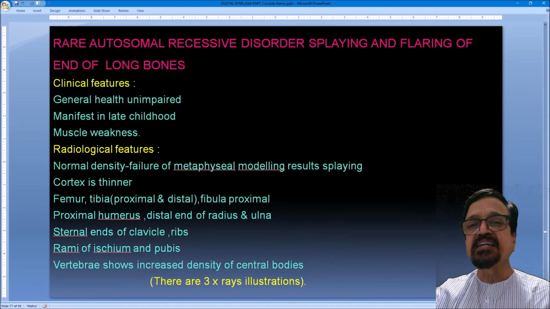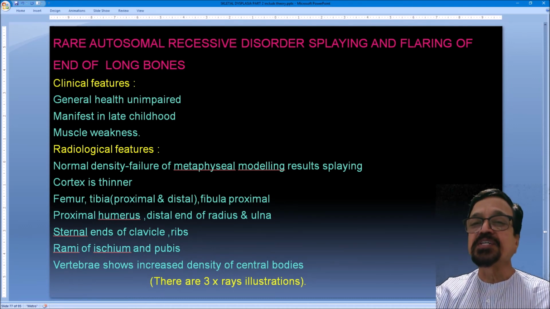Cortex is thinner. Affected sites are the proximal and distal femur and tibia, proximal fibula, humerus, distal radius and ulna, sternal ends of the clavicle, ribs, and rami of the ischium and pubis. Vertebrae show increased density of the central bodies.